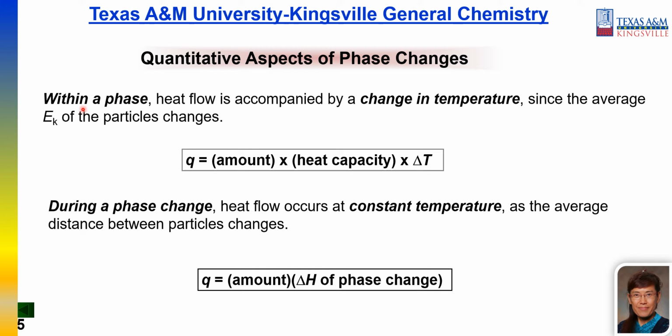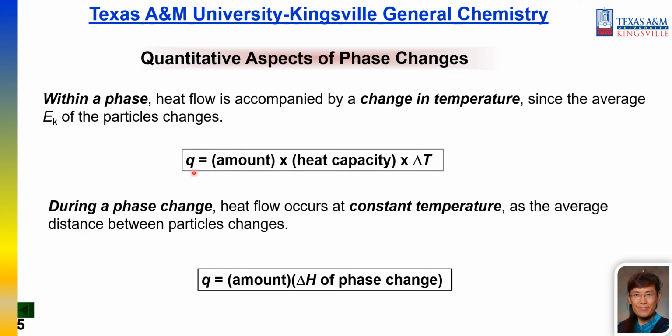The first one, within a phase, such as just one phase, liquid, solid, or gas. Heat flow is accompanied by a change in temperature, since the average kinetic energy of the particles changes.